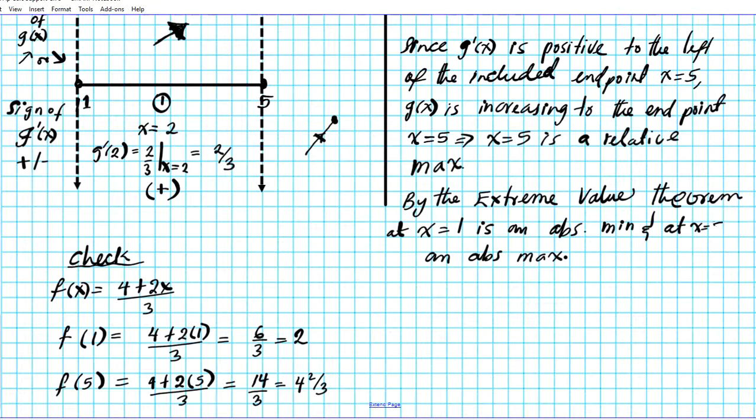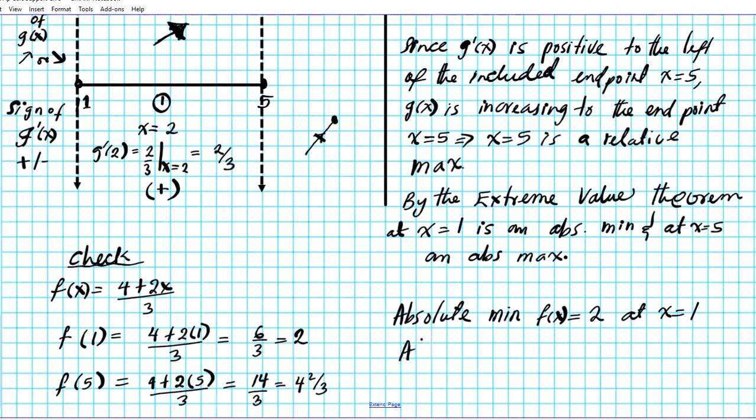All right, so let's finish everything off. We have an absolute minimum value. The absolute minimum value of f of x equals 2 occurs at x equals 1.